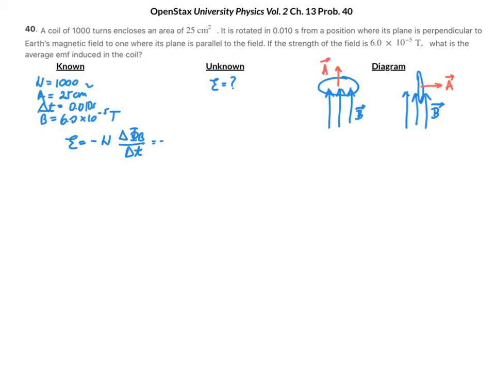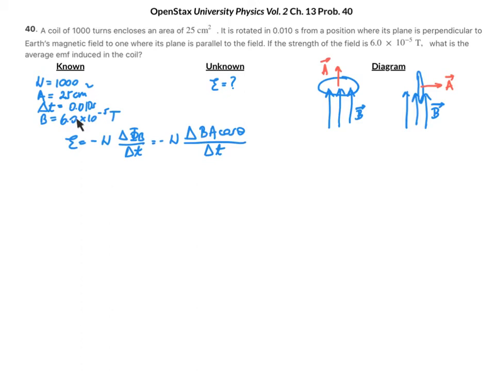So this becomes negative N delta magnetic flux, so that is B A cosine theta, divided by delta T. So now we know that we have a value for the magnetic field, we have a value for the area, so we don't have to write out what the expression for the magnetic field is because we have the value for it. And now we have to evaluate which of these things change in this problem.